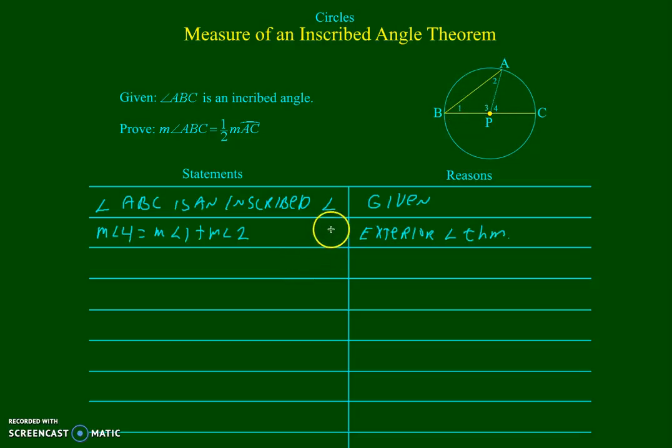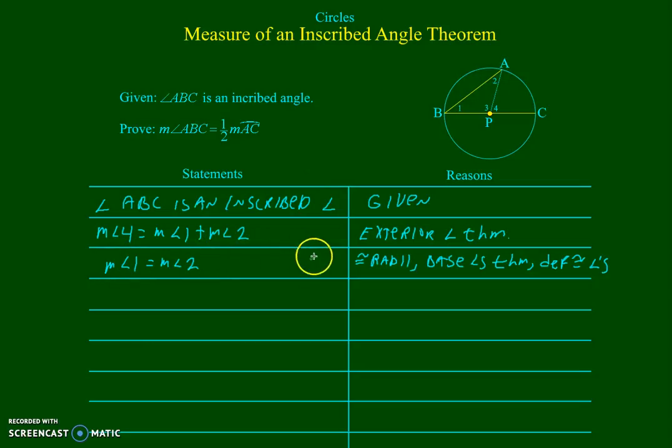Now, for the sake of time, I'm going to take a few liberties with this proof. Because BP is congruent to PA, because they're both radii, the base angles theorem tells us that angle 1 is congruent to angle 2, and therefore the measure of angle 1 equals the measure of angle 2.